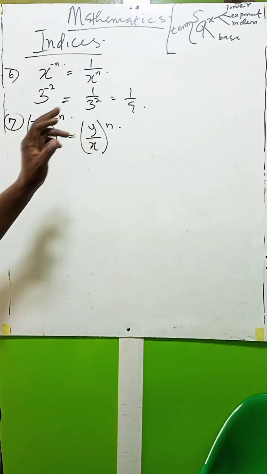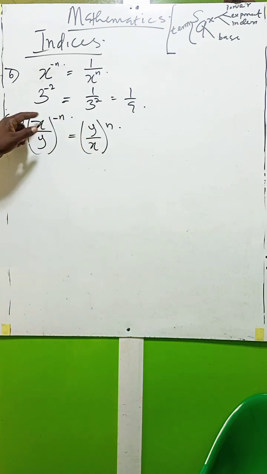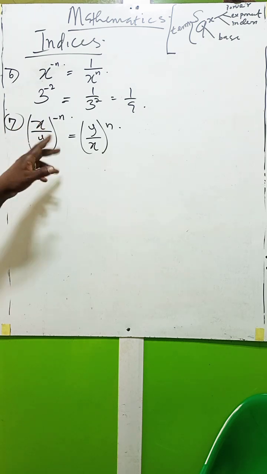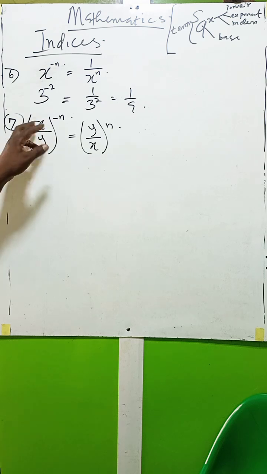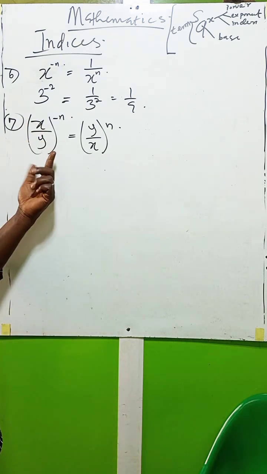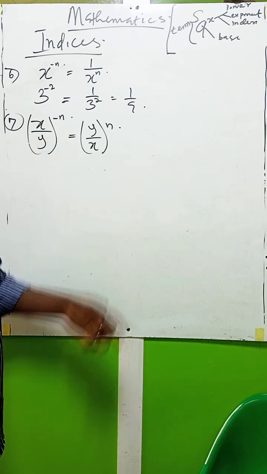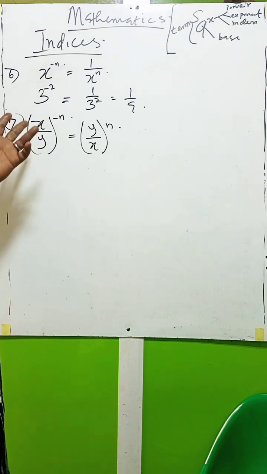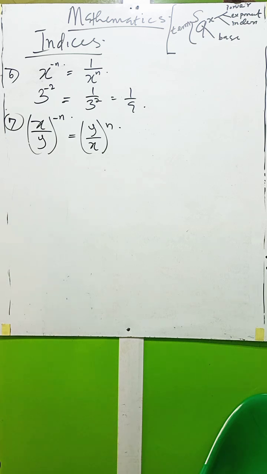The minus has been removed because the numerator and the denominator have swapped places. They've swapped their position. And that is the reciprocal of this. It's just like saying 1 divided by this. So that's that.